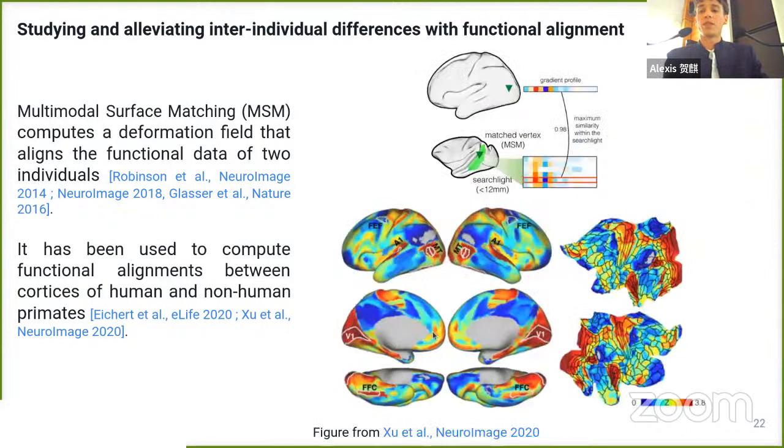Interestingly, this method has been used in interspecies setups, for example, to compare the cortical organization of human and monkey subjects. In this particular example, they relied on resting state data and tried to highlight parts of the brain in the two species that could be confidently mapped to functional homologs in the other species.